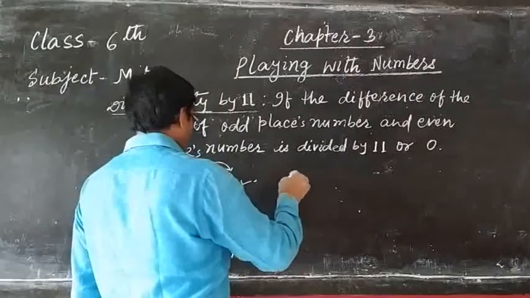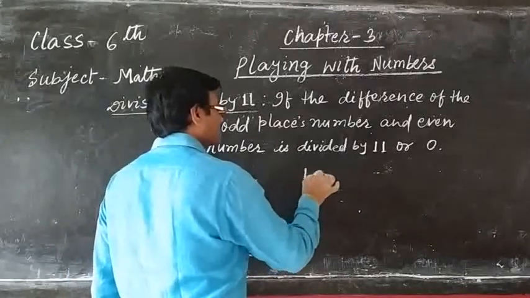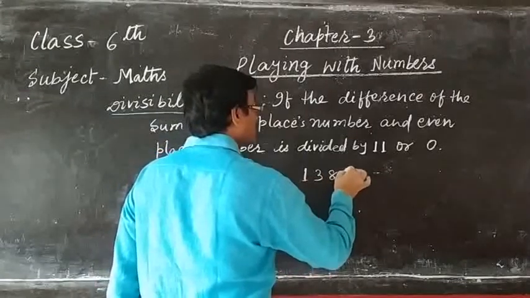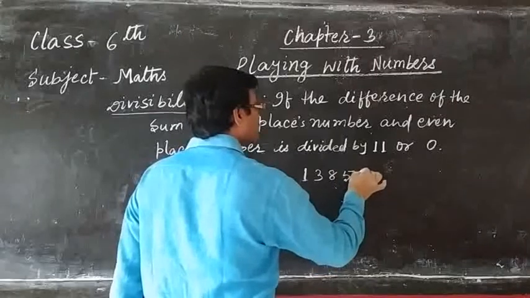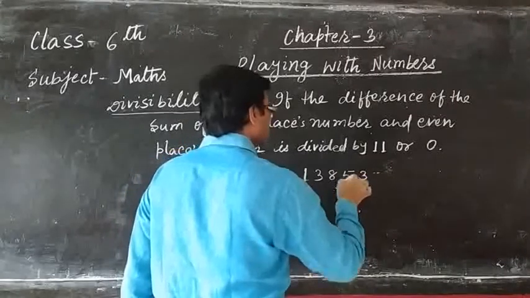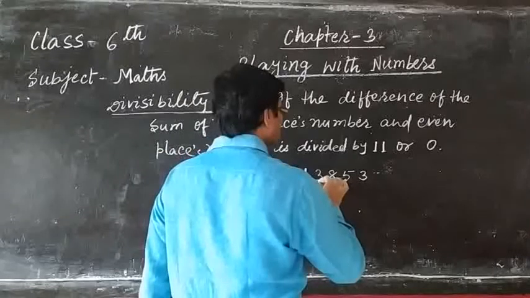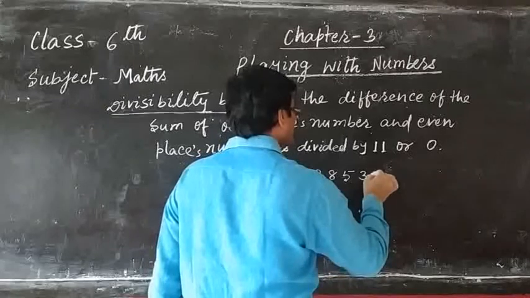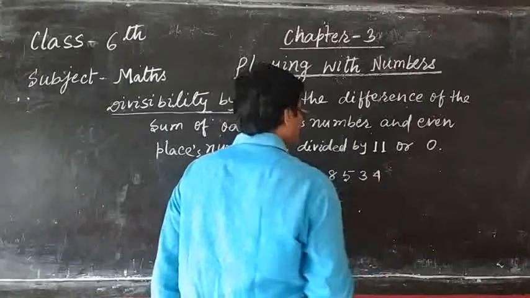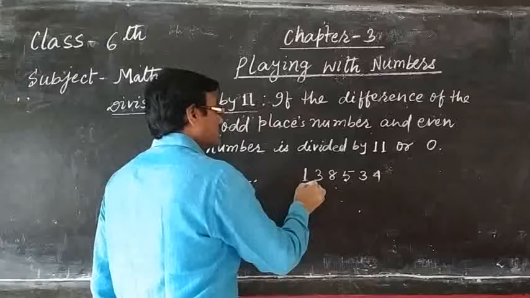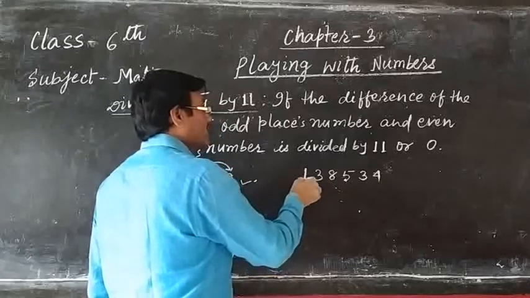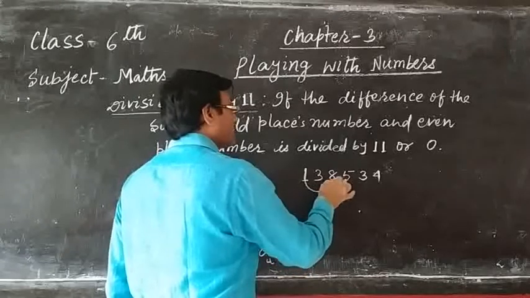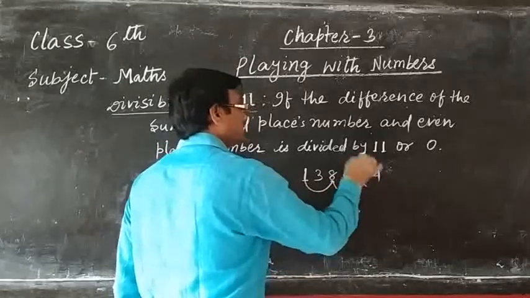Next number also you can take. Now here also we check the first number from the left side is 1, so the alternate number is 8, and again the next number comes 3.